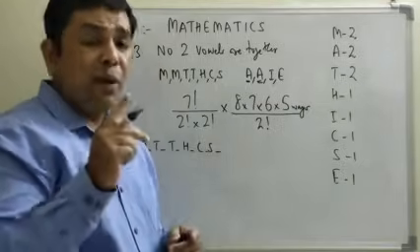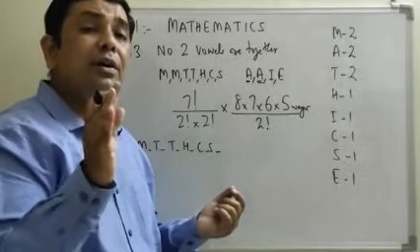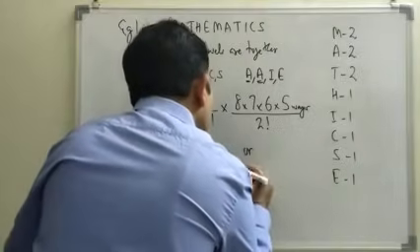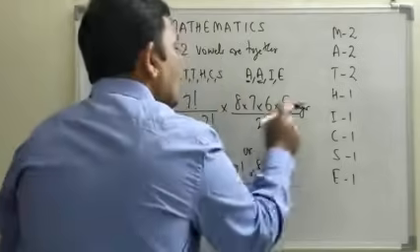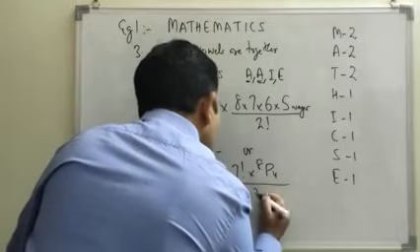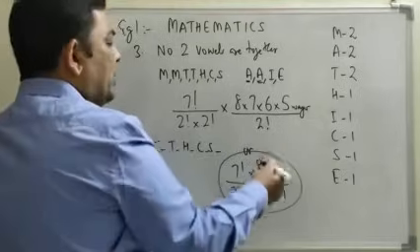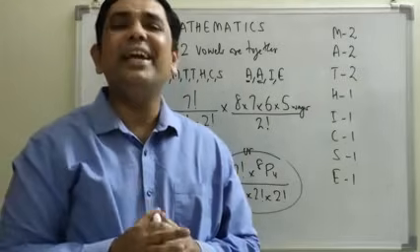Alright. If you remember that example of boys and girls, or the number of books being arranged on a shelf, what we can do, we can also write it as 7 factorial into 8P4 divided by 2 factorial into 2 factorial into 2 factorial. So both these results are the same. Correct?